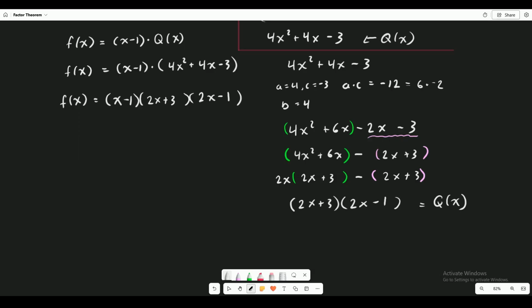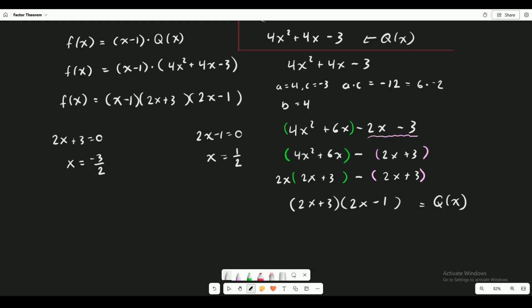Okay? Let's check them. So I'm going to set them equal to 0. 2x plus 3 is equal to 0. From here, I recognize that x equals negative 3 halves. Right? This is how you check if it's a factor. And let's check if this is a factor. 2x minus 1 equals 0. From here, I recognize that x equals positive 1 half.